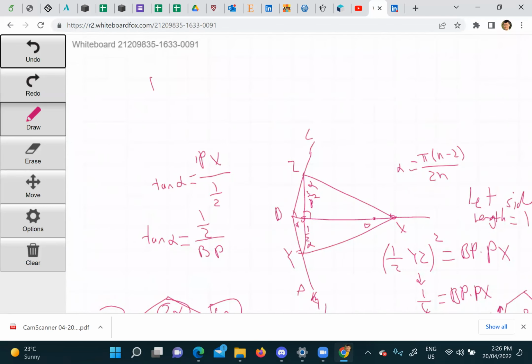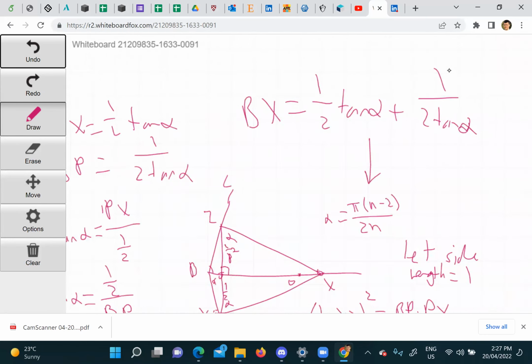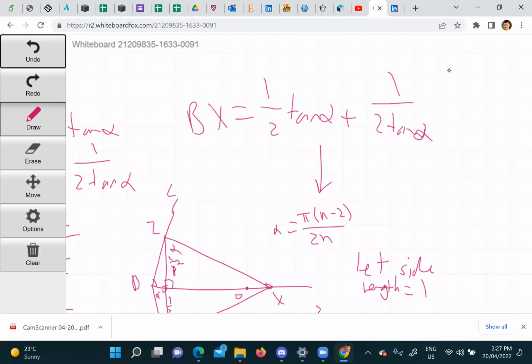So PX equals half tan alpha, BP equals 1 on 2 tan alpha. So that means BX equals half tan alpha plus 1 on 2 tan alpha. And then we express alpha in terms of n, and you can scale it by the side length if you want.